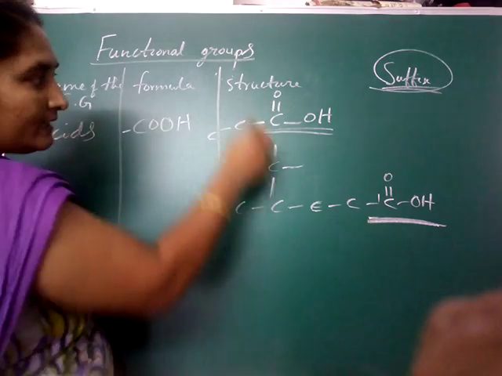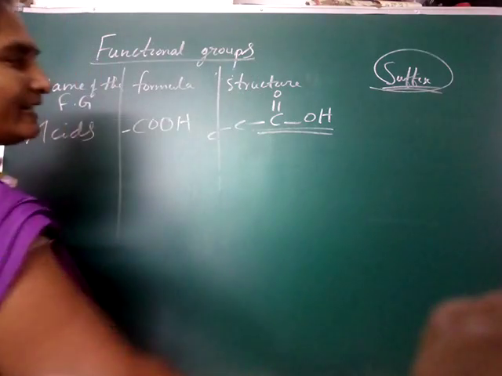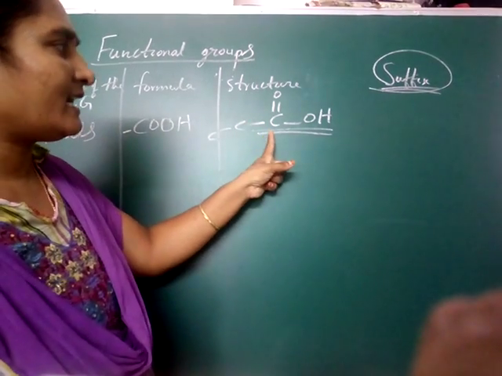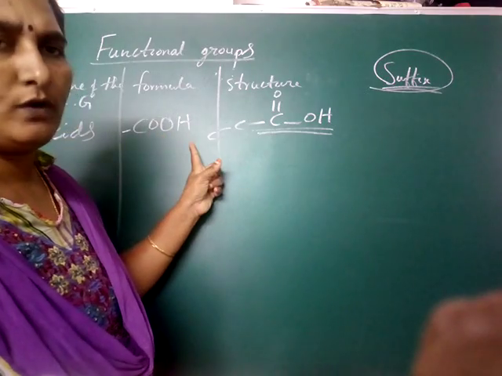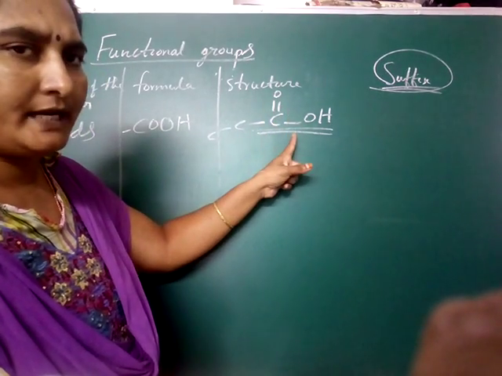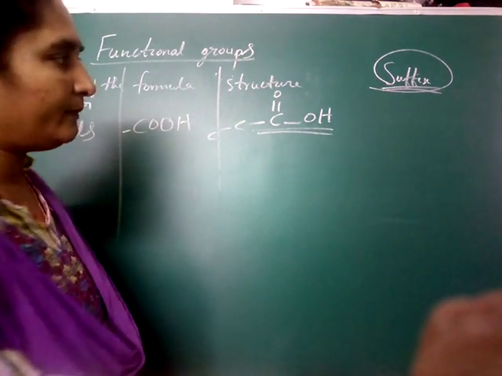Do you understand? That's why when you take acids, COOH is present on the first carbon only, because already 3 bonds are completed. Mainly it is present at the first carbon only. Keep it in your mind.